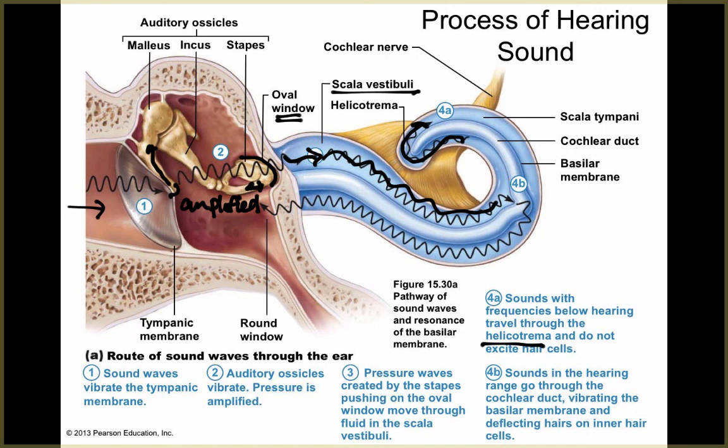But if the sound is in the hearing range, in here it's showing it's going to go through the cochlear duct, vibrate the basilar membrane, essentially, where the different hair receptors are, right? That's within the organ of Corti. And it'll activate and allow neurotransmitters to be released once calcium is taken up. And then that's going to lead to the process of being able to hear.